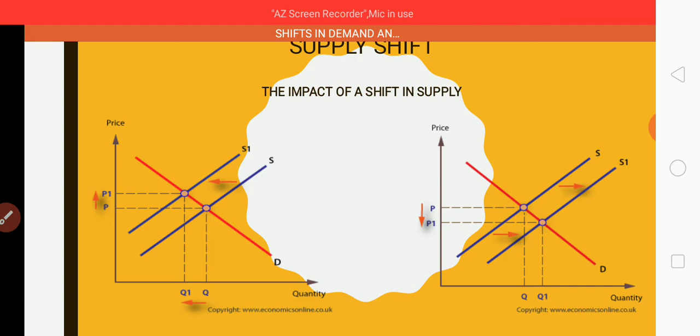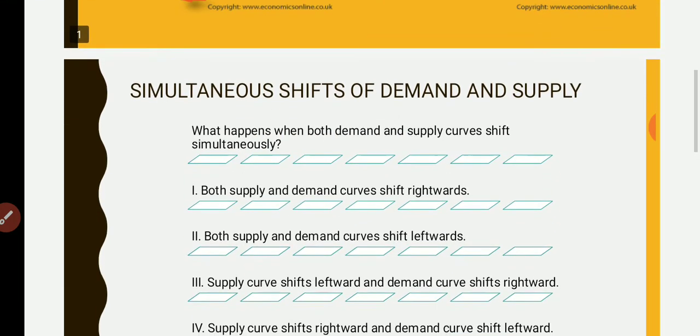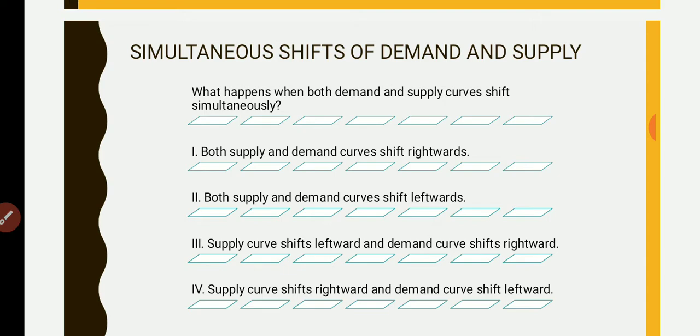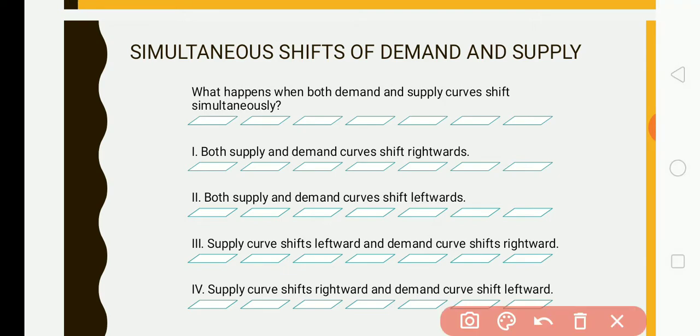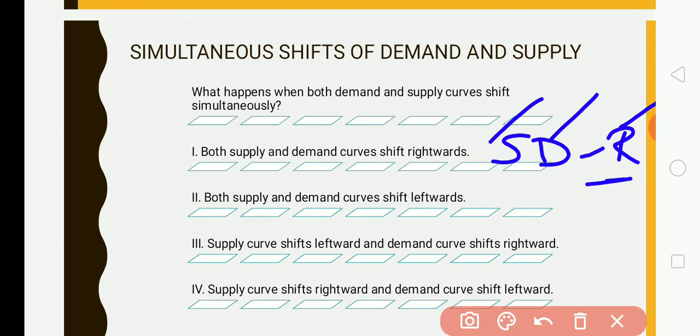The simultaneous shifts can happen in four possible ways. The first is both the supply and demand curves shift rightward. Secondly, both the supply and demand curves shift leftward.